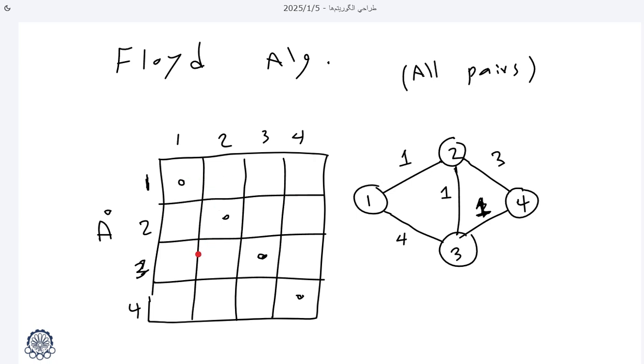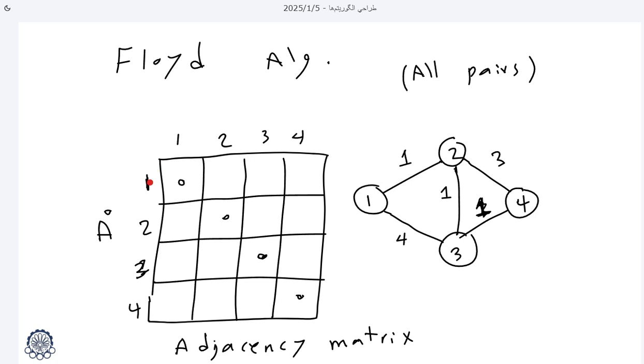Then the other rows of the adjacency matrix are filled by the weights of the edges. Adjacency matrix.